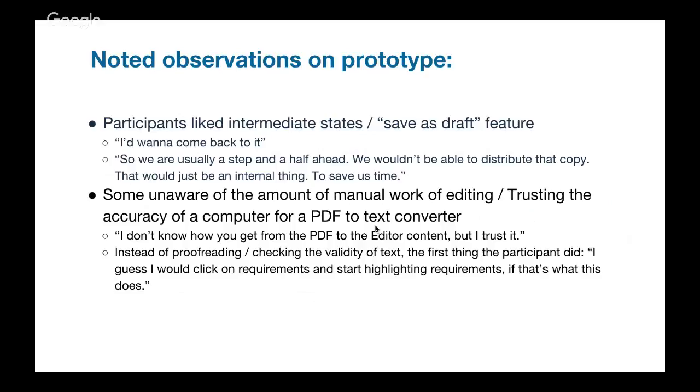So you saw in the demo that Atul was working on at CM that there were a lot of errors returning on these OCR documents. So I think there was a lot of trust and accuracy for the computer, that the computer would get this right. So comments like, I don't know how you got from here to here, but I trust it.